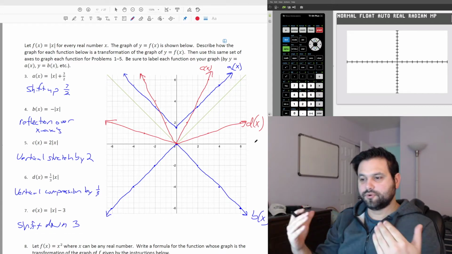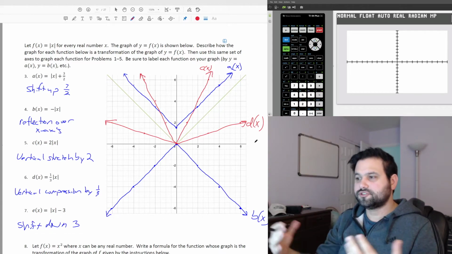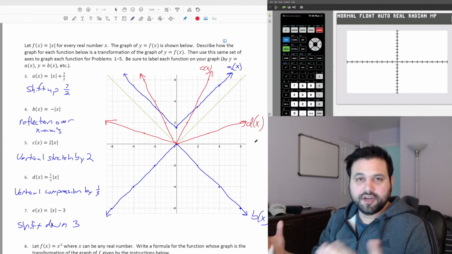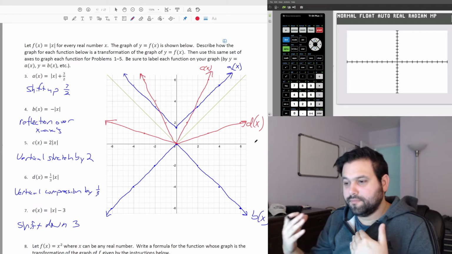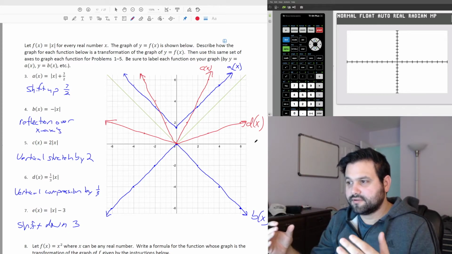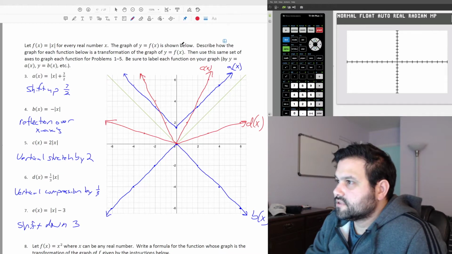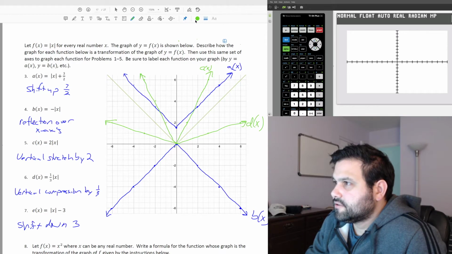Next one is going to be a shift down 3. So just like the first one, shifting up 3 halves, I'm just going to subtract 3 from all of my y values.